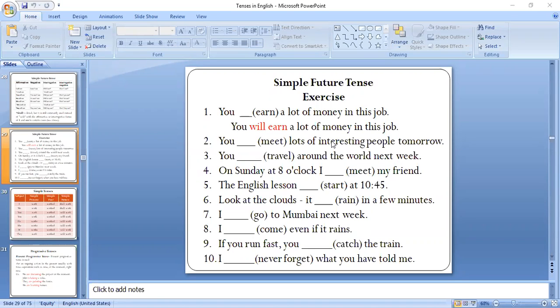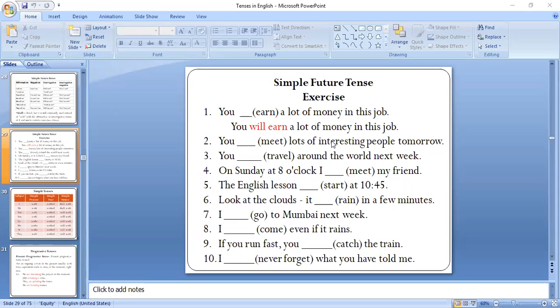And the fourth sentence is: On Sunday at 8 o'clock, I in bracket meet my friend. So this is not a confirmation that he will meet or he won't meet. Okay. On Sunday, he plans to meet his friend at 8 o'clock. Okay. He has planned, but this also comes under the future tense.